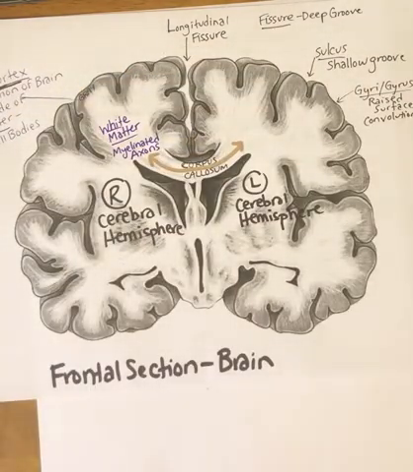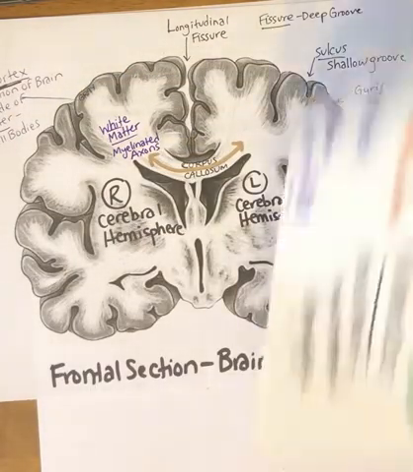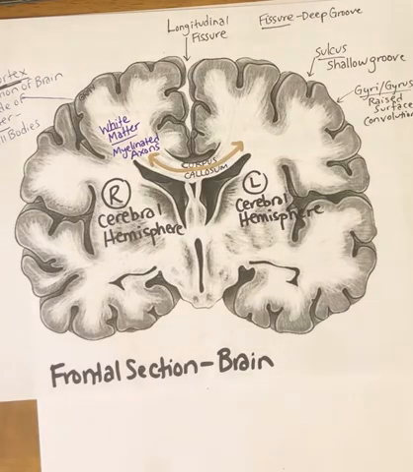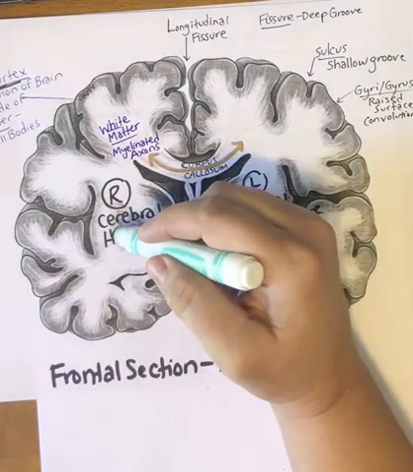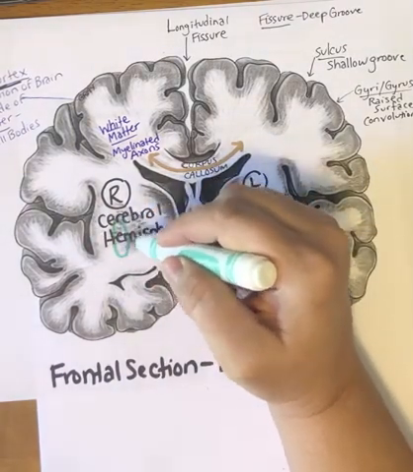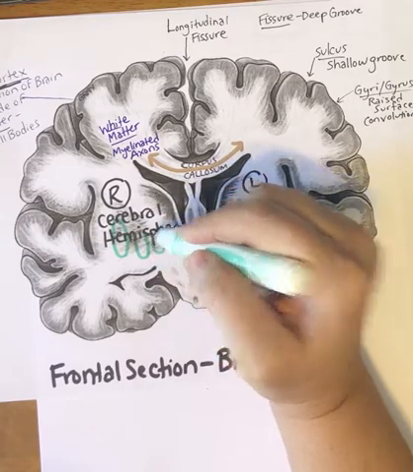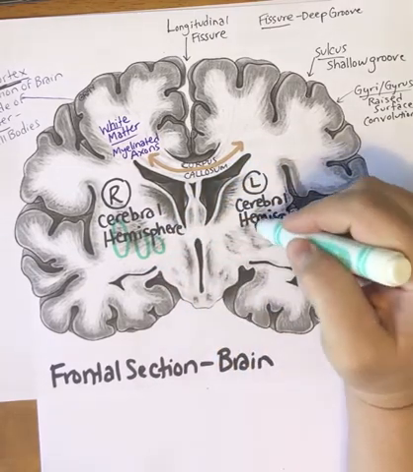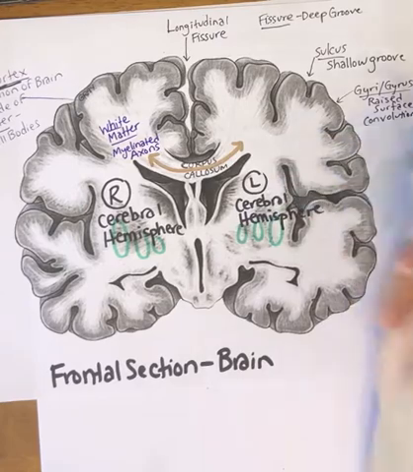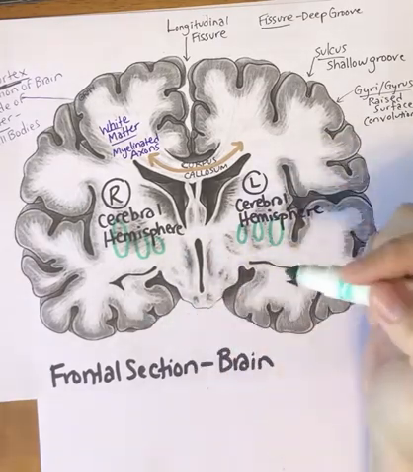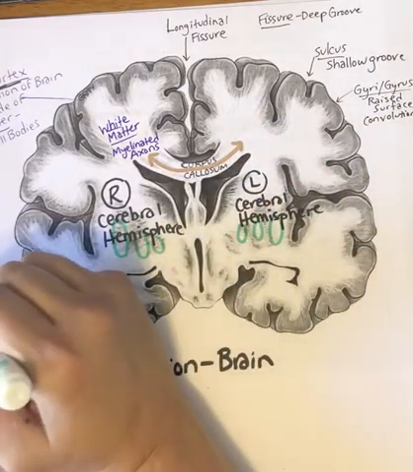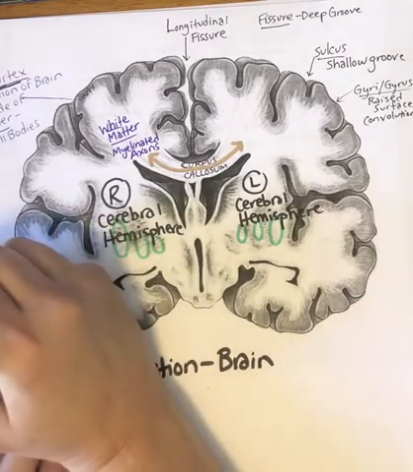But now we're looking deep to the cerebrum, very, very deep. So the first thing is we have these nuclei that are located on the outside right here. There's 3 on this side, and then there's 3 on this side. Deep within the cerebral hemispheres on either side, you're going to have your basal ganglia or nuclei.